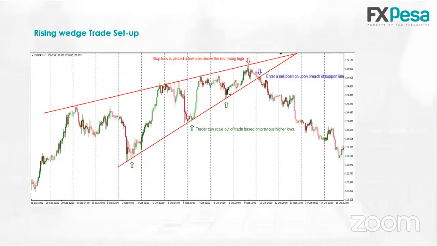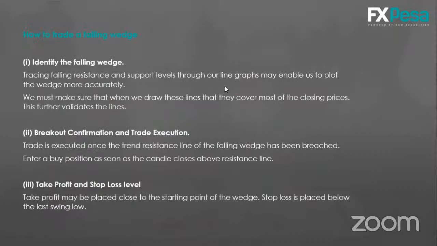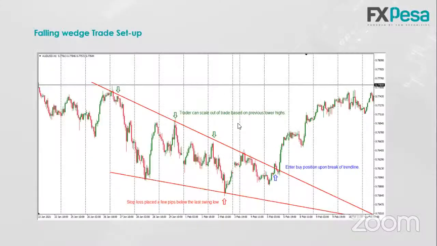Then when it comes to a falling wedge, you'd have something close to this. Again, this is an example of a trend reversal. In this case, you target to enter at the break.